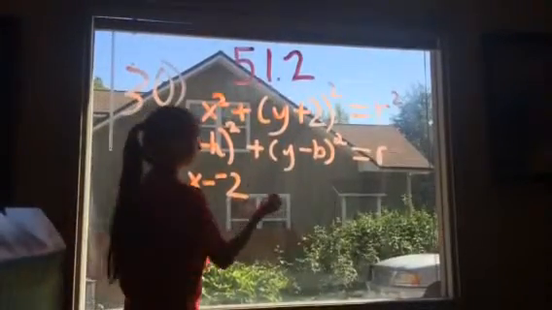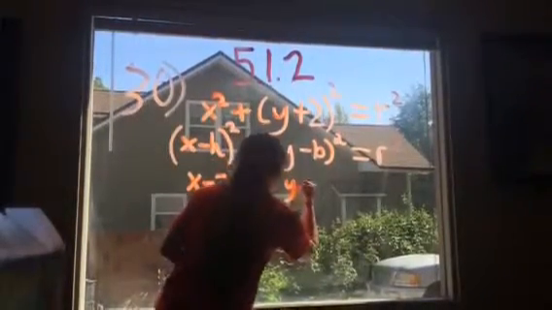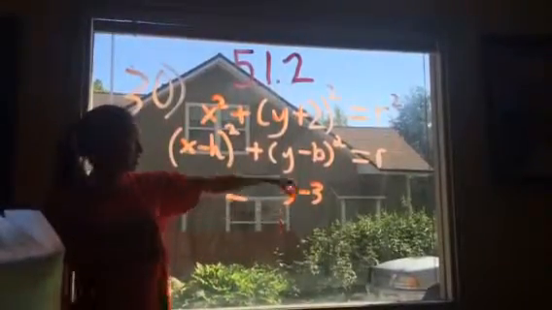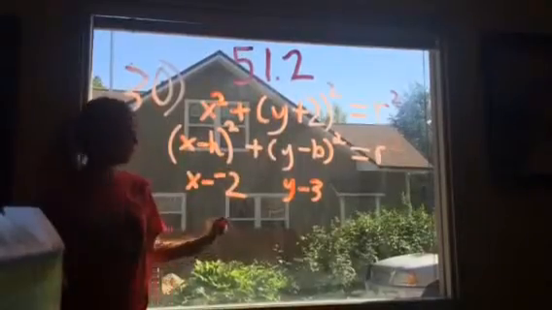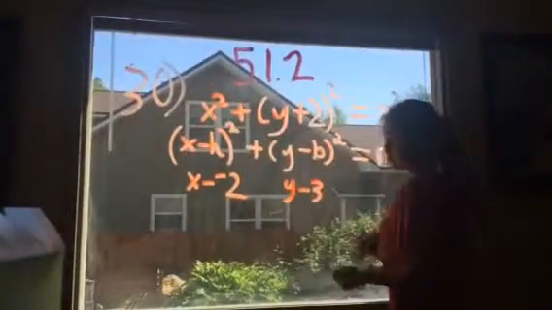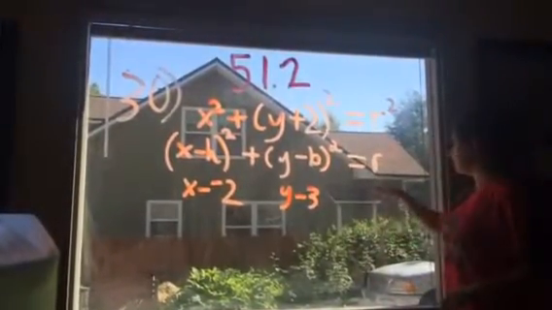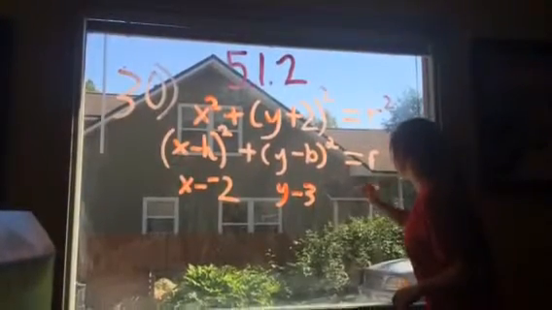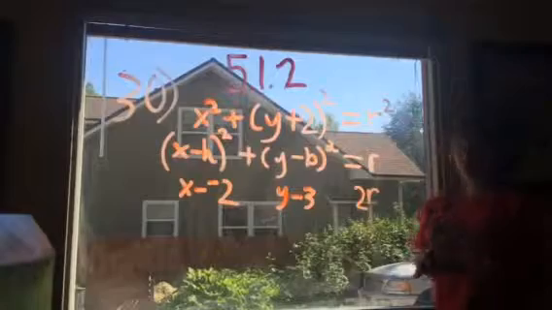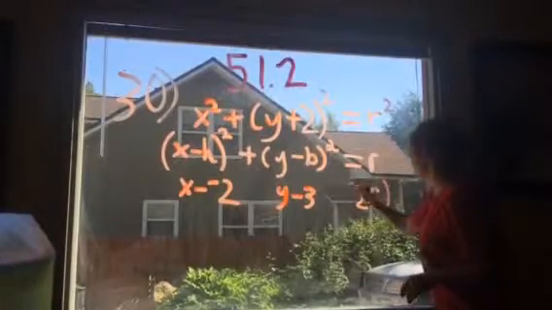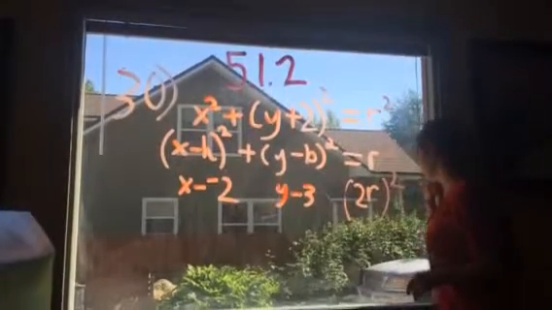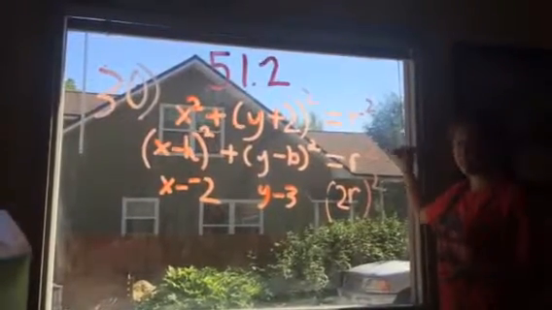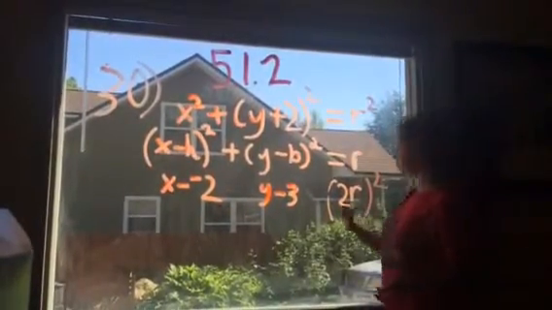So instead of y plus 2, we have y minus 3, because that's 2 plus -5. And then the last thing we're doing is doubling our radius. So that's really easy. You just have 2r, but because of your order of operations, it has to be 2r squared, because your radius squared is how you make your circle.